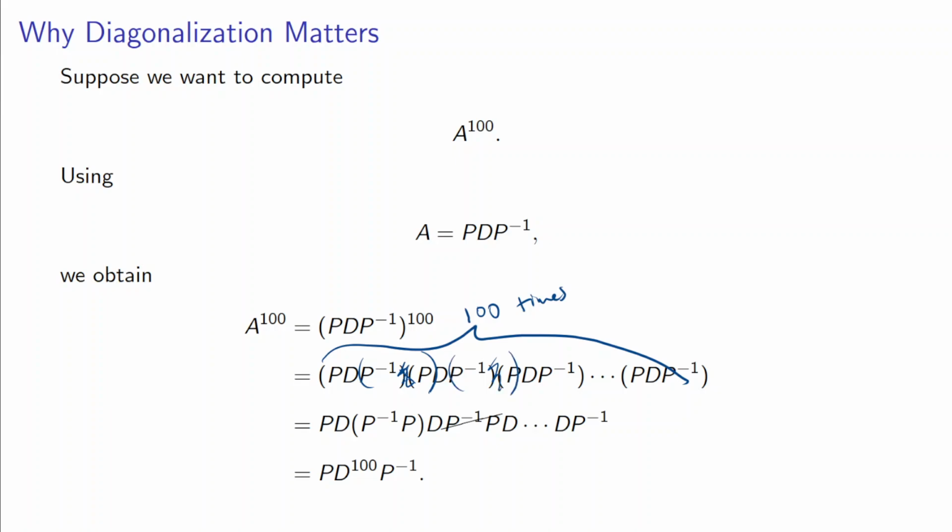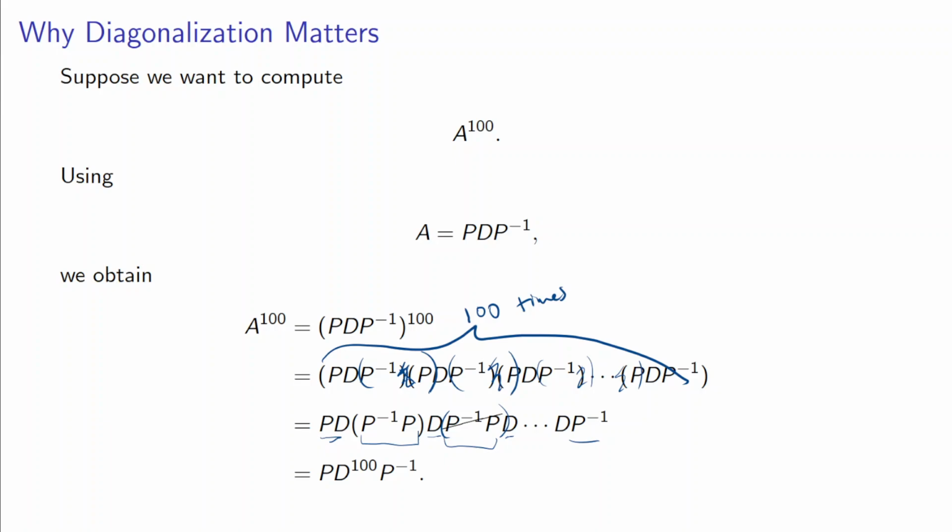But we can reassociate these parentheses. We can't change the order of the multiplication, but we can view this as PD times P inverse P times D times P inverse P times D times dot, dot, dot, all the way down, and then eventually one more P inverse.